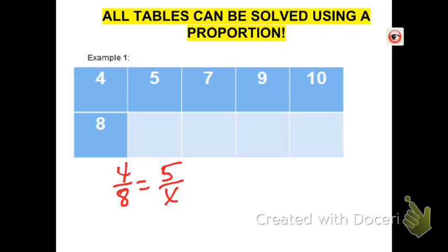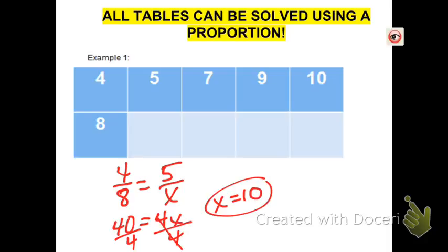So 4 over 8 equals 5 over X. And then all we have to do is that cross-multiplying thing that we were doing before the break. So 4 times X is 4X. 5 times 8 is 40. Divide by 4 on this side, divide by 4 on that side. We get X equals what? 10. So I got that right.